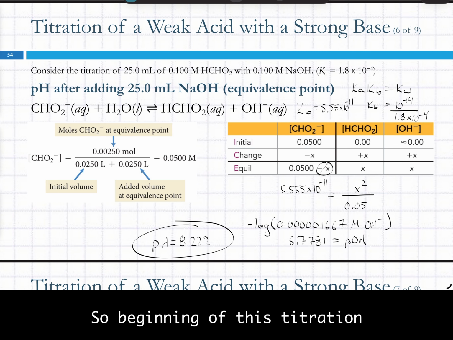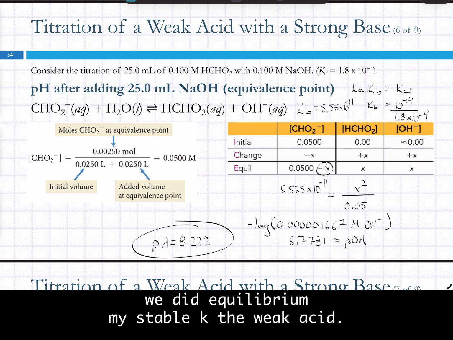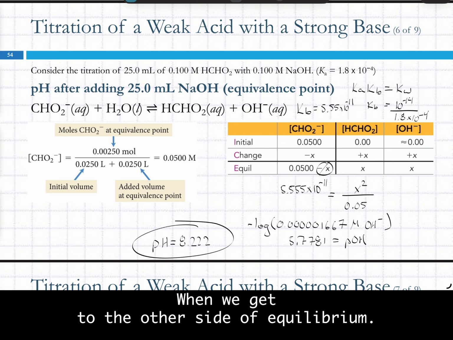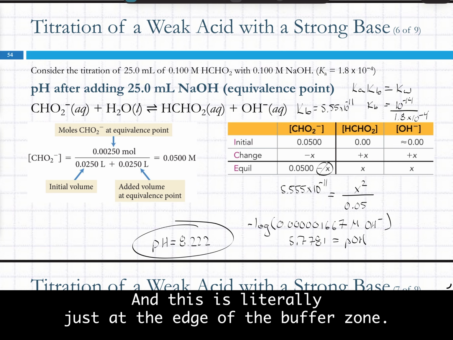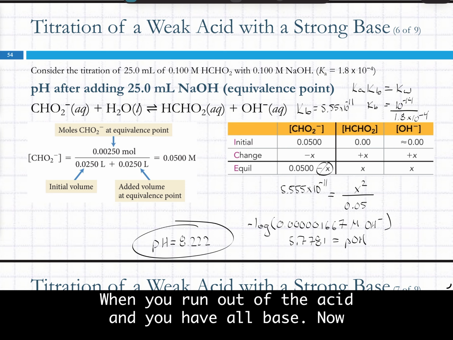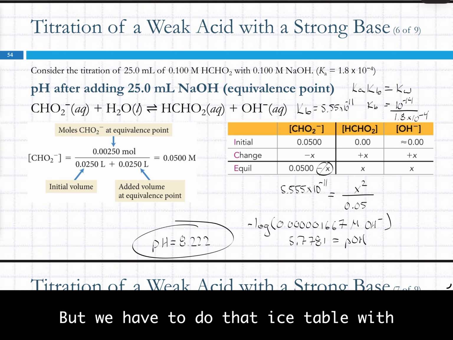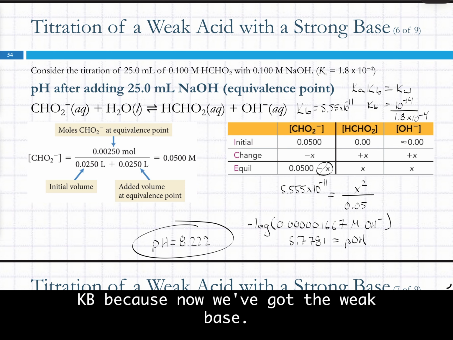So at the beginning of this titration, we did an equilibrium ice table, Ka with the weak acid, because all we had was weak acid. Then anything in the buffer zone, Henderson-Hasselbalch equation. When we get to the other side of equivalence, and this is literally just at the edge of the buffer zone when you've run out of the acid and you have all base now, and by all base, I mean the weak base, conjugate of the acid, then we do another ice table, but we have to do that ice table with Kb because now we've got the weak base.